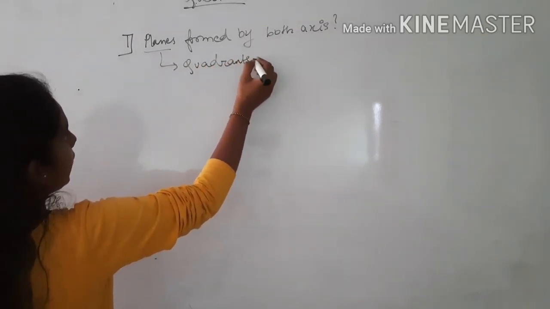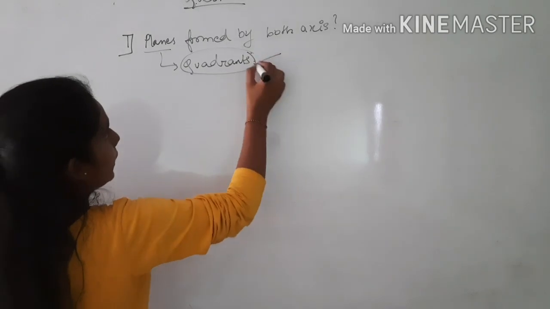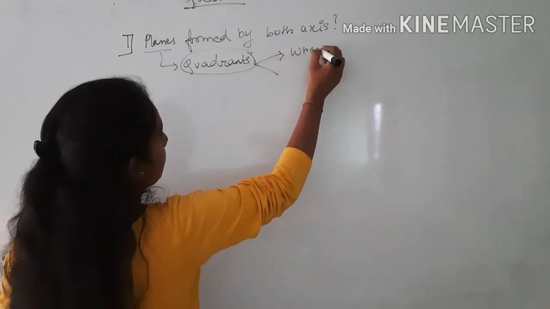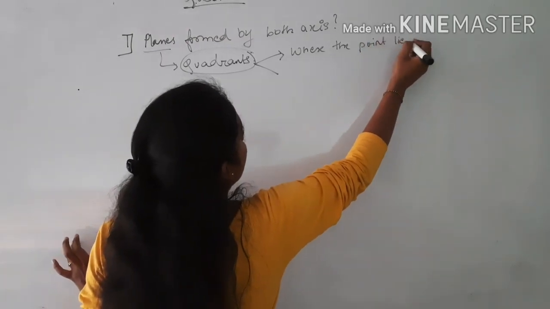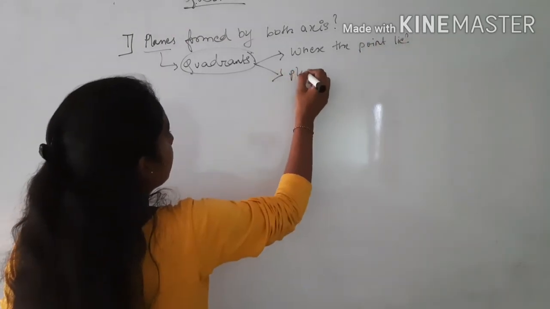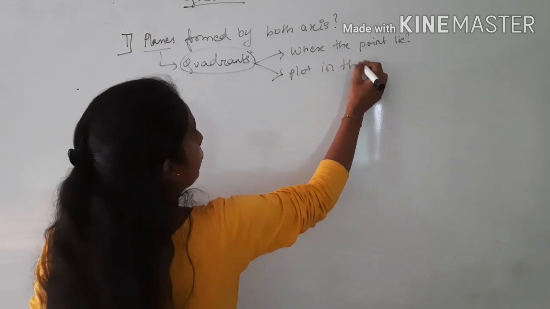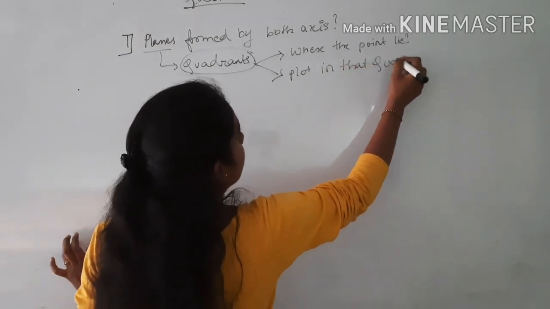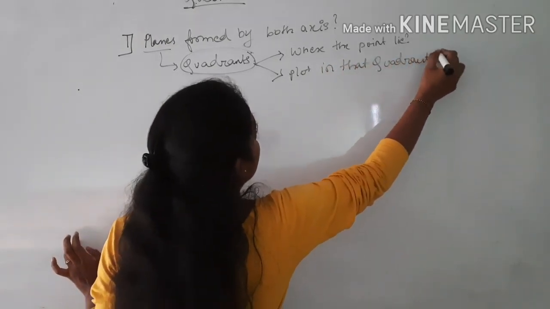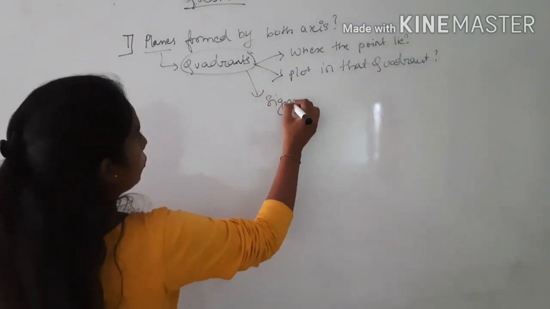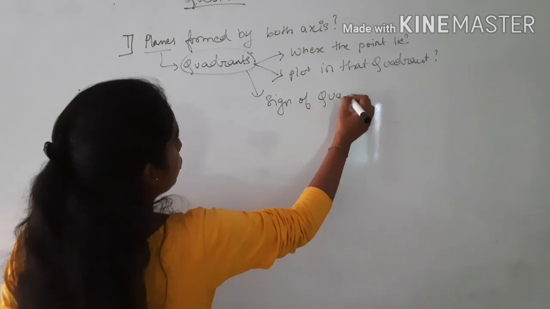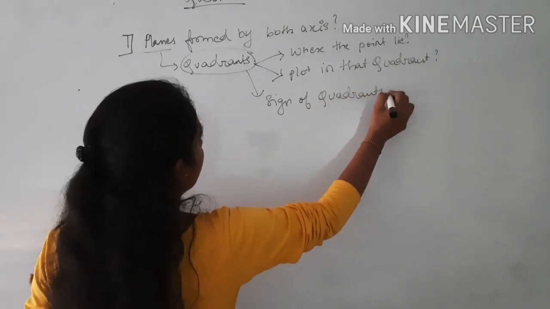So questions would be asked on quadrants. It may be asked where the point lies, or it may be asked to plot in that quadrant. So you should be able to answer all of this. They may ask about the signs of quadrants, which I have told you to note down.